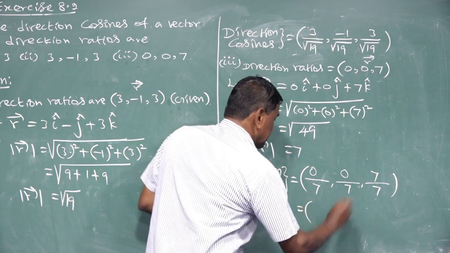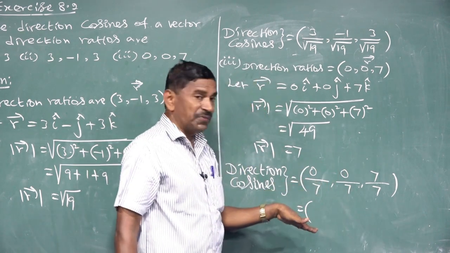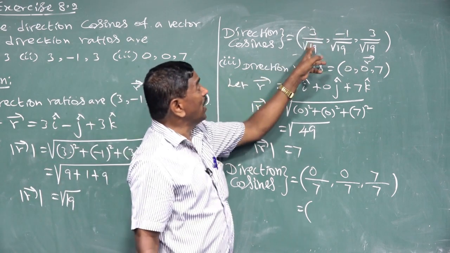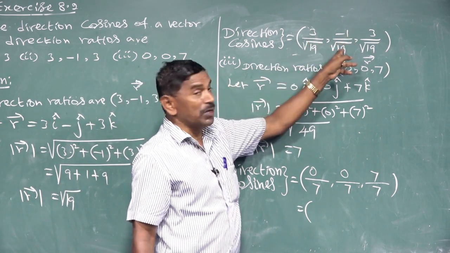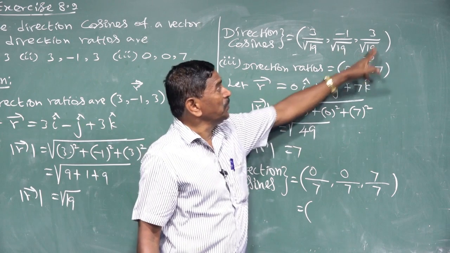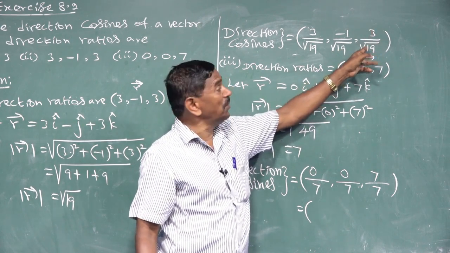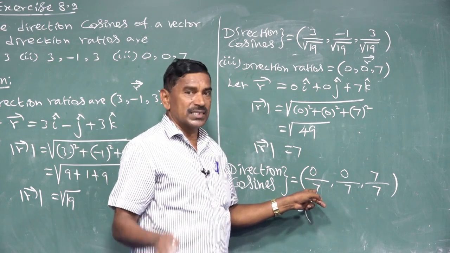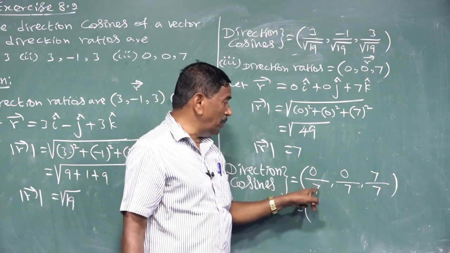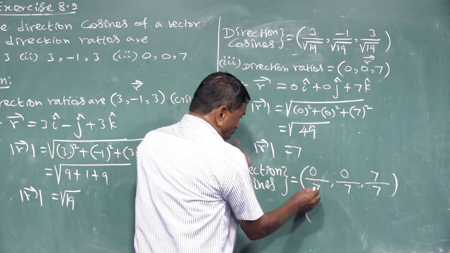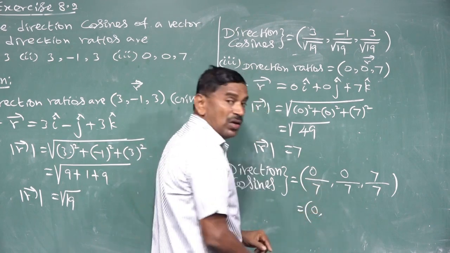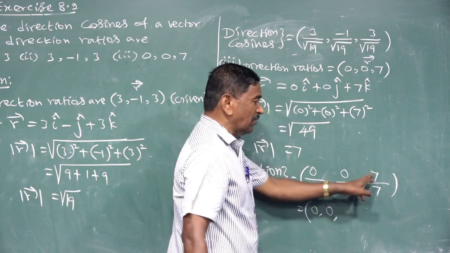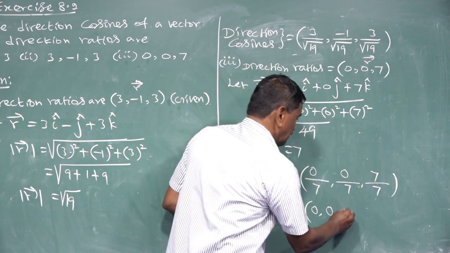Now there is a further simplification. But in the first subdivision, there is no simplification: 3 by root 19, minus 1 by root 19, 3 by root 19, we can't simplify. But here 0 by 7 equal to 0, because 0 by any number equals 0. 0 by 7 equal to 0, 0 by 7 equal to 0, 7 by 7 equal to 1.